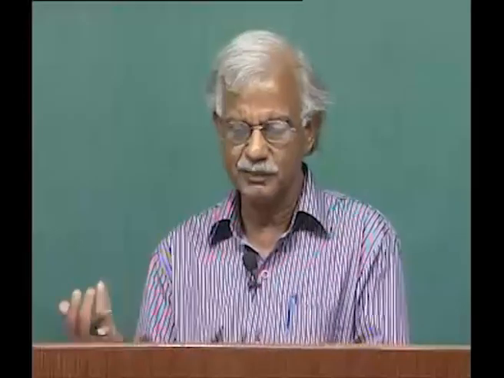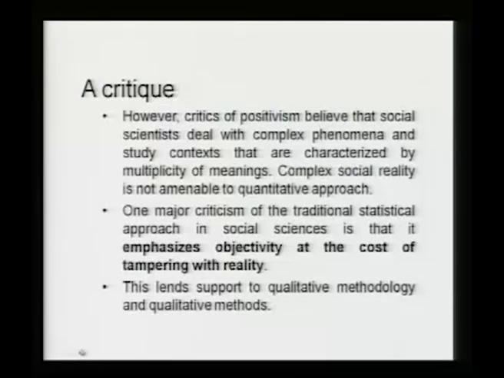But in qualitative sociology they say that social problems are complex in the sense that meanings of the issues involved, meanings of the constructs involved, or the meanings of events, meanings of facts, are so varied that they are complex, and one universal quantitative scientific approach to measure them or to analyze them would not be useful or much revealing about this complexity. Complex social reality is not amenable to a quantitative approach.